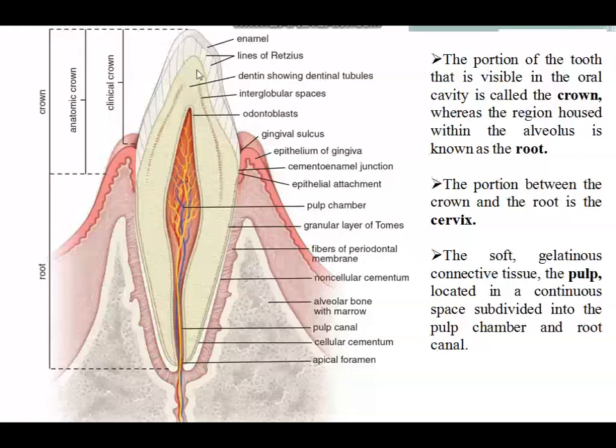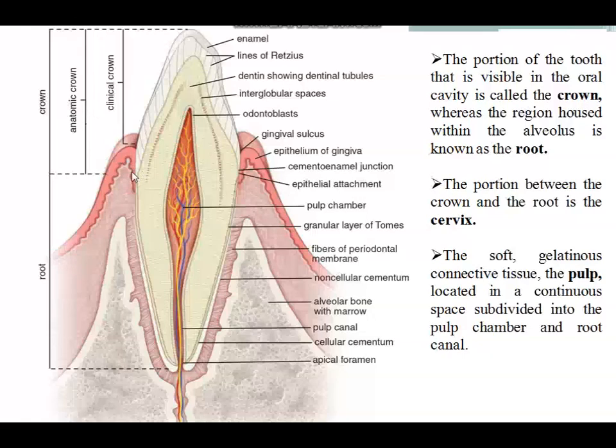Then we are looking at the mineralized hard tissues of the tooth. Hard tissues are represented by enamellum, which covers the crown, then dentinum that surrounds the pulp chamber and root canal, and then cementum. Cementum will cover the dentinum. So the bulk of the tooth is composed of the dentinum. Enamellum and dentinum meet each other at the cervix of the tooth.